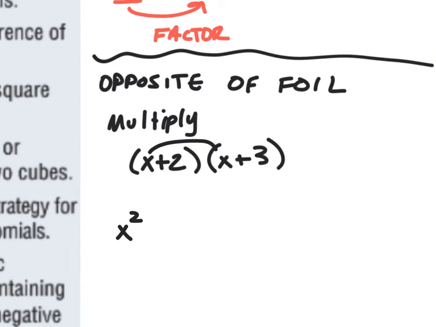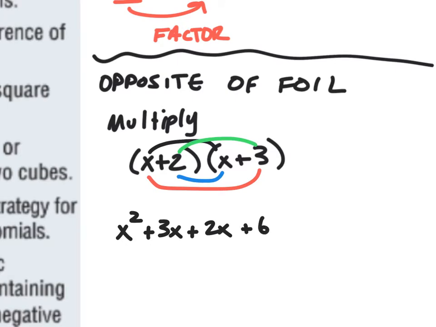If you multiply your outside terms, you have x times 3, so it's going to give you plus 3x. If you multiply your inside terms, it's 2 times x, so plus 2x. And if you multiply your last terms, 2 times 3, you get plus 6.